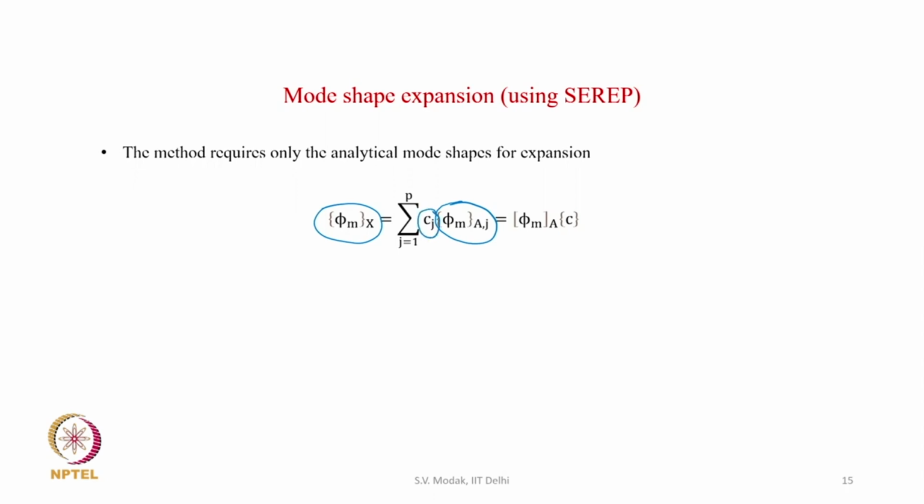This equation is therefore phi m x is equal to matrix phi m a into C. Vector C is the vector of coefficients which indicate the way the different FE model mode shapes are combined linearly in order to obtain the experimental mode shape.